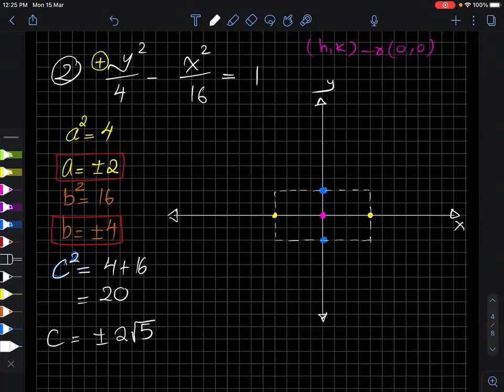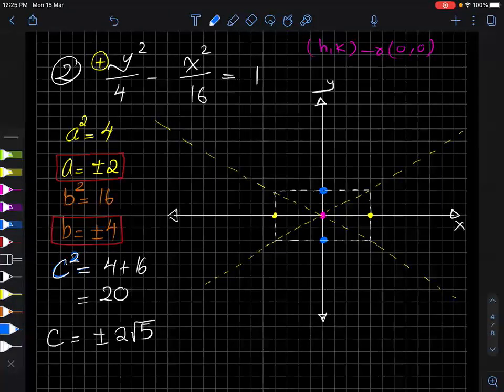But this rectangle doesn't actually exist. Then draw first the asymptotes, passing through the opposite corners. This is called the framework for your hyperbola. And then connect the points.